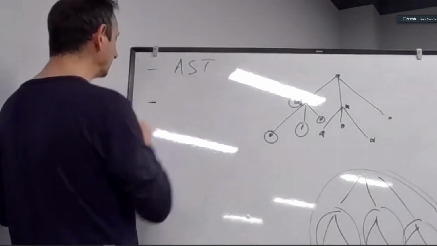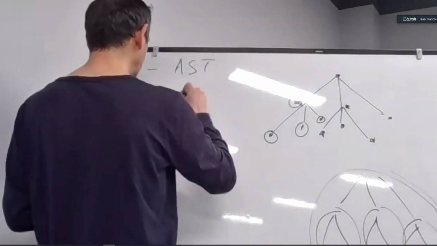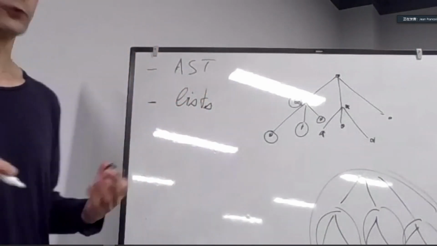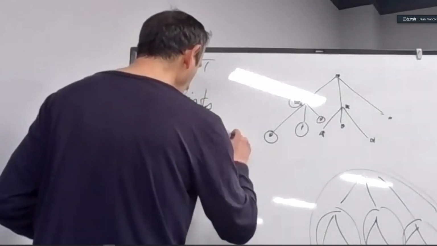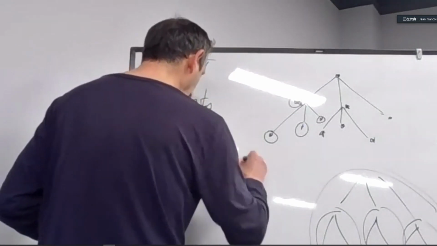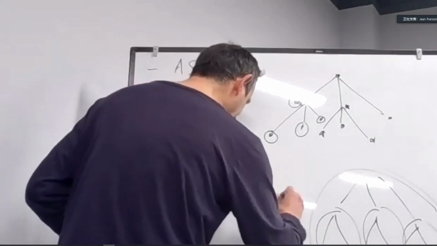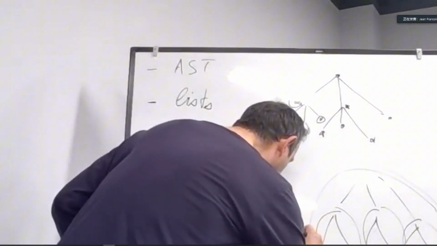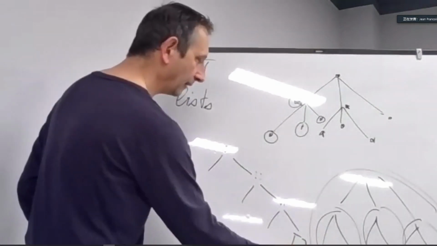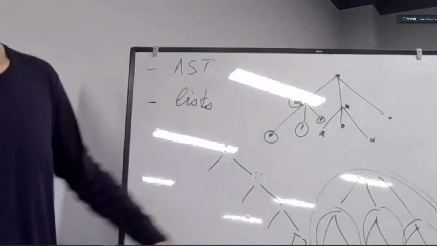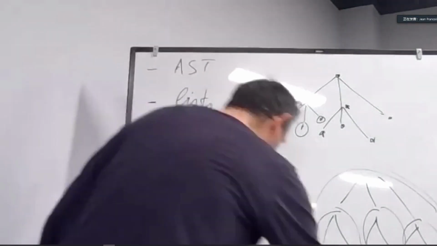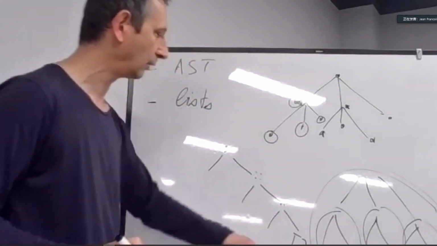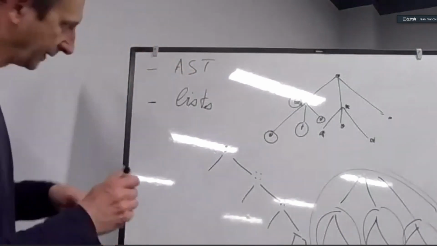Other examples, a little bit simpler, are lists. Lists are also kind of trees. If we use OCaml-like syntax, it is something like this. You have either what we call the empty list, which is written this way, or it's just a notation. Sometimes we could use something like nil, and sometimes we can introduce some shorthand notation.